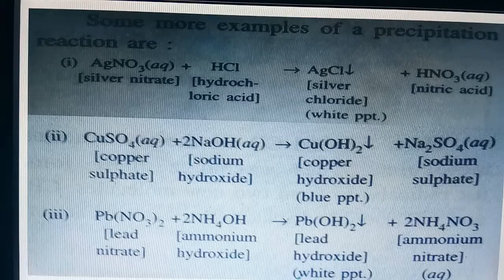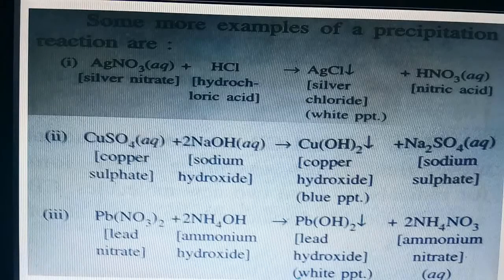So what is very specific for a precipitation reaction? One of the products must be an insoluble solid. One of the products must be a precipitate.